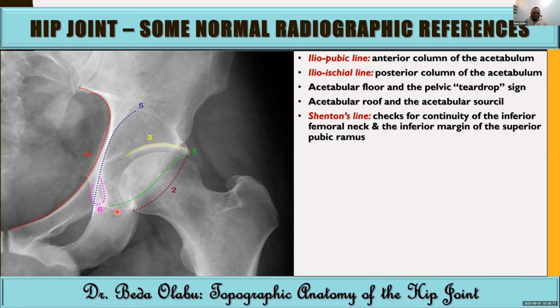This is the line, that line there, and it should be a nice curve between the inferior margin of the superior pubic ramus and continue smoothly into the inferior part of the femoral neck. That is Shenton's line. That line should be a smooth curvature. And so if it is interrupted, then you know that there's something wrong with that particular hip joint. Maybe a dislocation, maybe a fracture, something wrong.